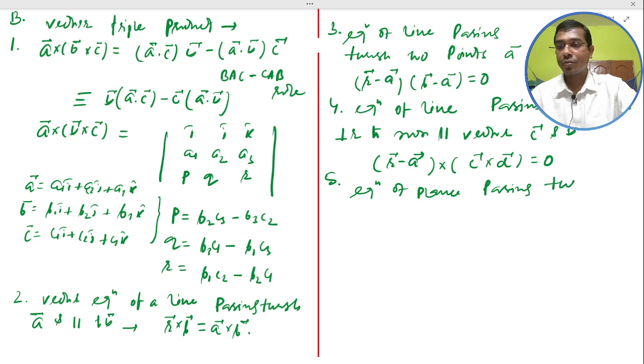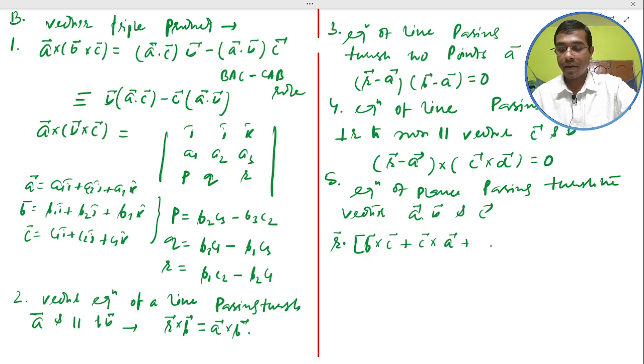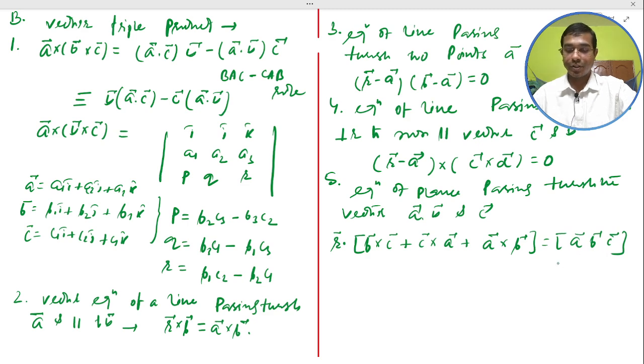This would become R dot the box of B cross C plus C cross A plus A cross B. This is equal to the box of ABC. This is the equation.